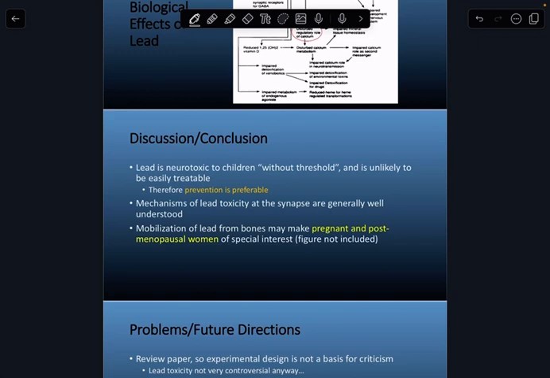So, right, she talked about in the beginning how lead accumulates in the soft tissue, but also in the bones, right? And stuff that accumulates in the bones is often present for a long time, sometimes your whole lifetime.